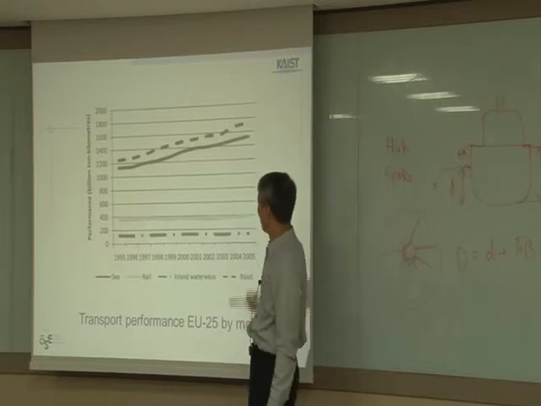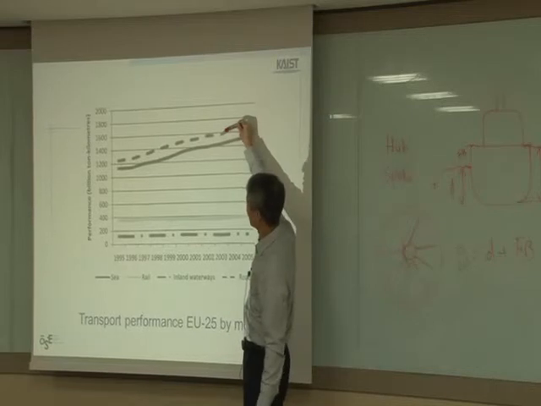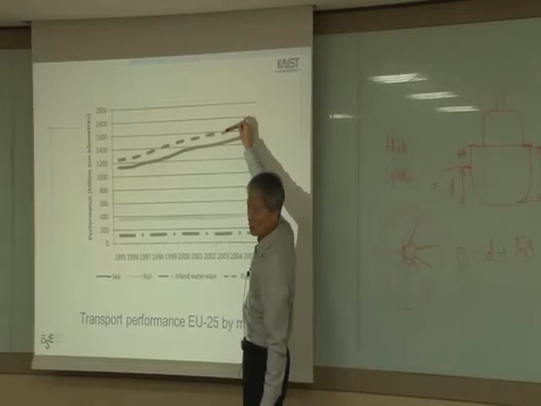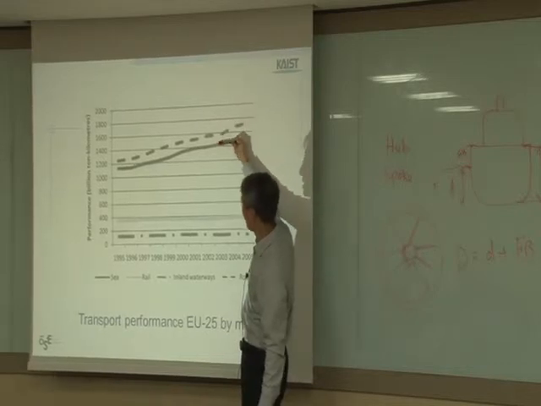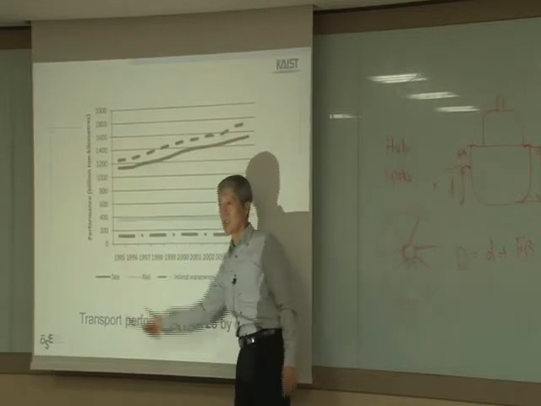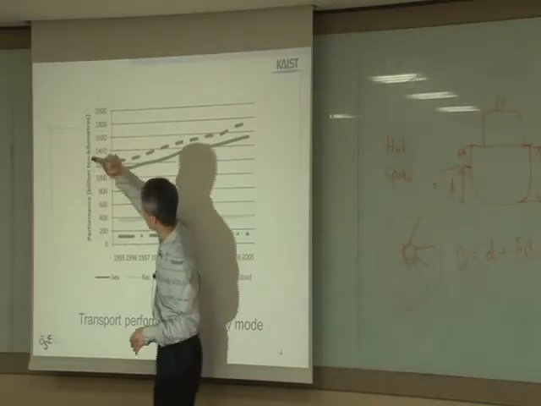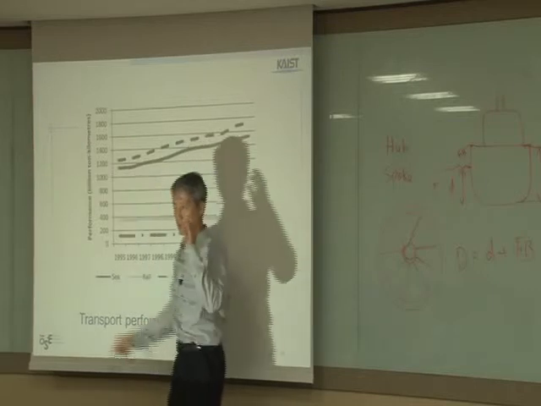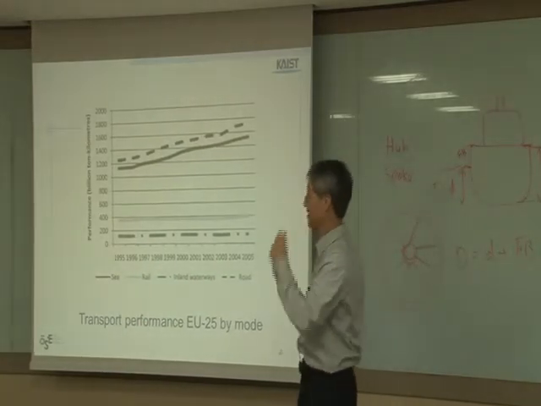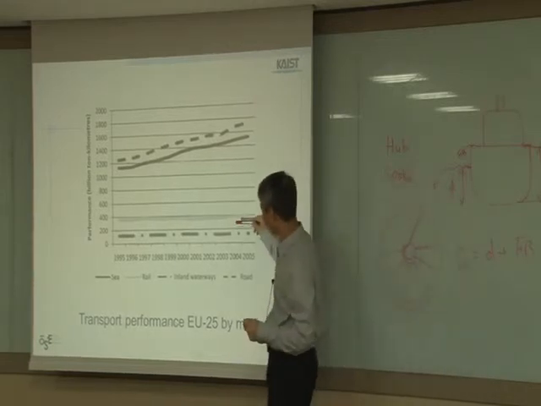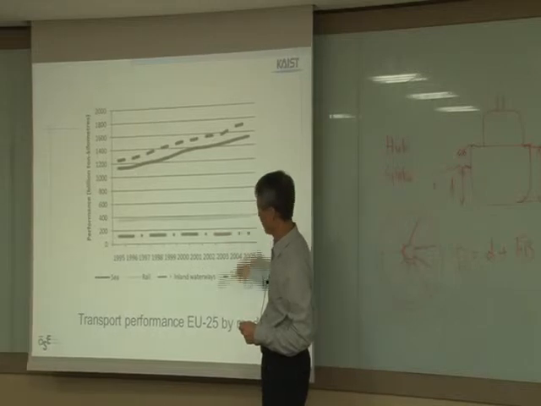Then you can see that road is the biggest one. The share of mode, right? Road is the biggest, but the second one is sea, inside Europe. By tonnage, probably it's ton kilometer. You should be careful about the measurement, right? Ton kilometer. And then comes rail.